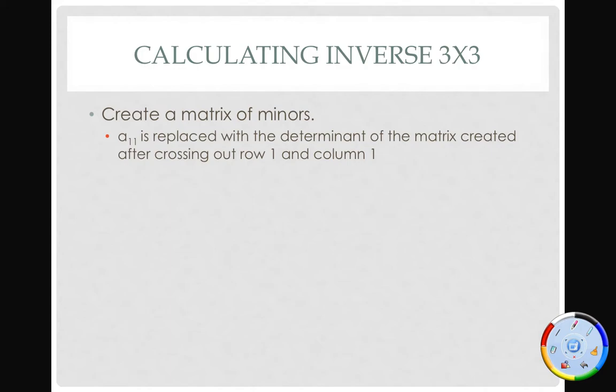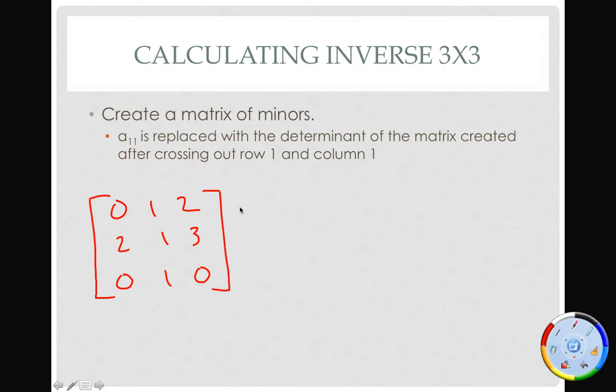What we do is we take the 3 by 3 matrix. So let's take a 3 by 3 matrix, and let's go 1 0 1, 2 2 1, 3 0 1 0. Yeah, make the numbers small so we can do it quicker. So what we have to do is make this matrix of minors.